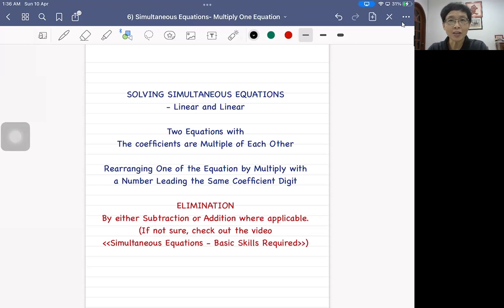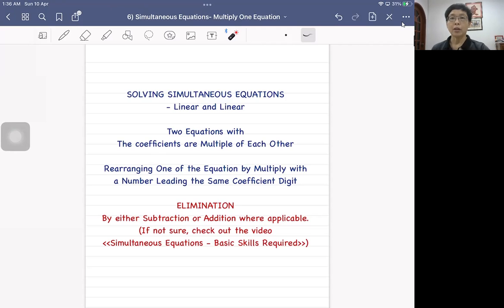We are in this Happy Learning Maths now doing a series of videos on solving simultaneous equations. And this is another choice that I have chosen, especially with the special characteristics of the equations. I stated down there, the uniqueness of this example is there are two equations where the coefficients are multiples of each other.